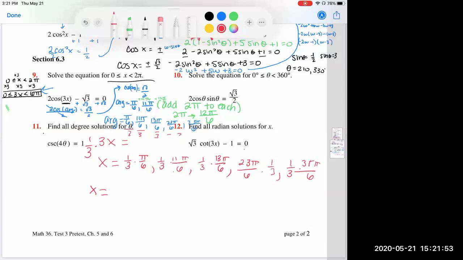So all of our final answers are pi over 18, 11 pi over 18, 13 pi over 18, 23 pi over 18, and 35 pi over 18. Oh, I missed one. 13 plus 12 is 25 pi, so that would be 25 pi over 18.